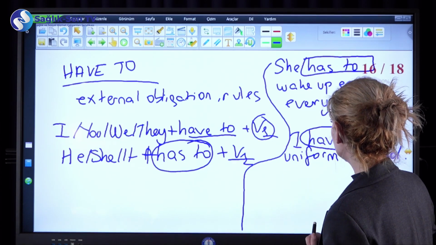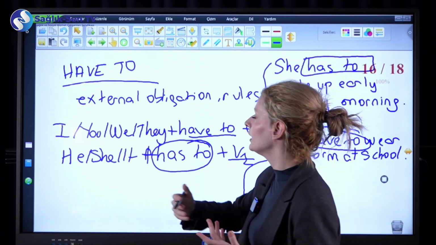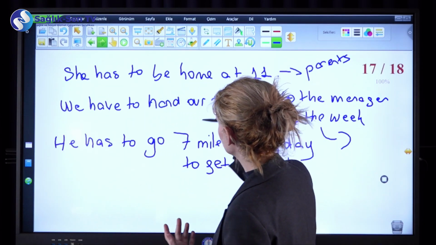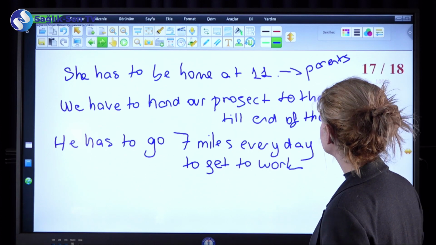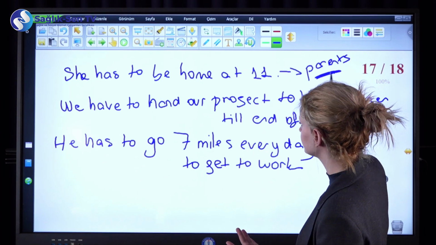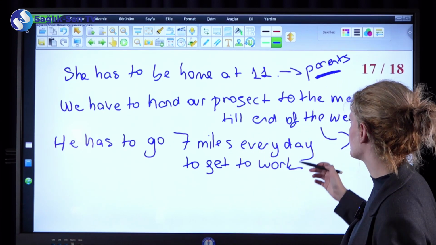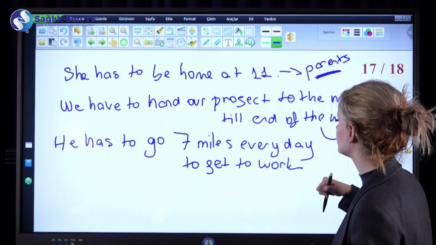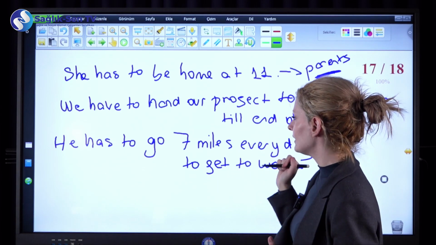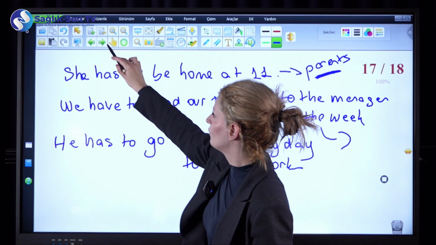I have to wear uniform at school. Again, this is a rule set by the school. She has to be home at 11. Maybe this is a rule that her parents told her. We have to hand our project to the manager till end of the week. He has to go 7 miles every day to get to work.